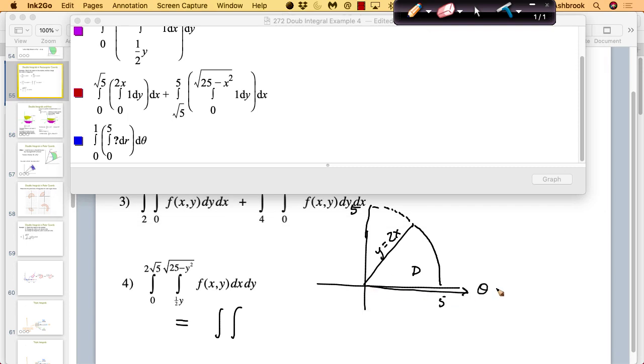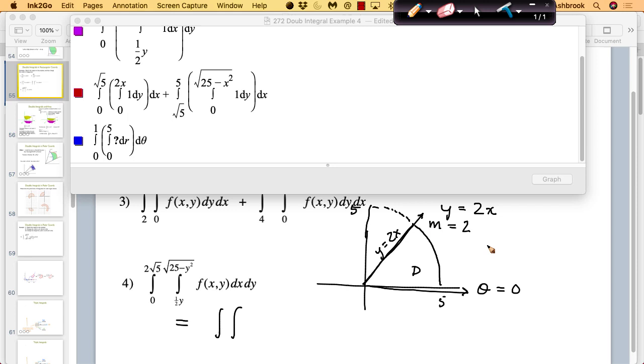Theta equals 0. It's just the x-axis. Okay, so then what angle corresponds to y equals 2x? How do we get an angle out of that? What's the slope? 2. And how can we get from slope to angle? Inverse tangent, right?